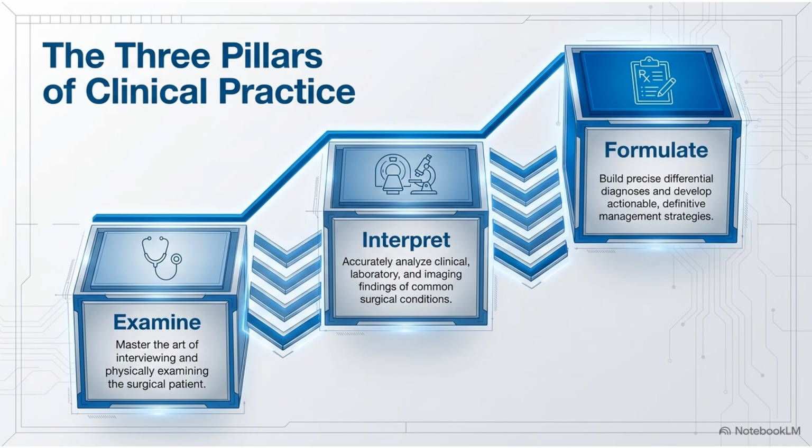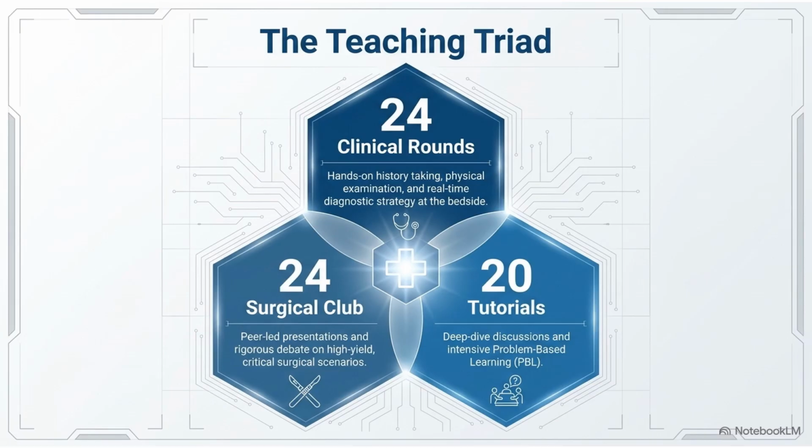This is especially true in emergency situations. So this is the teaching triad in clinical rounds. As I mentioned, you have 24 clinical rounds with hands-on work on patients, and you also have 24 clinical surgical clubs covering all aspects of general surgery, emergency and elective conditions, and also the basics of subspecialties like urology, plastic surgery, neurosurgery, and vascular surgery.